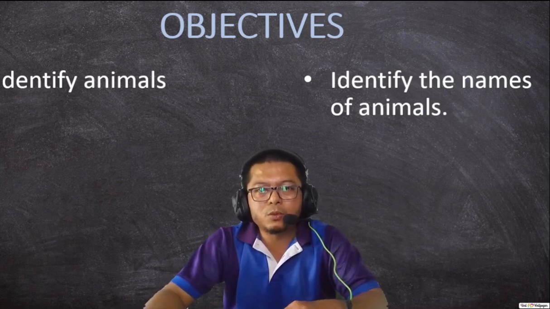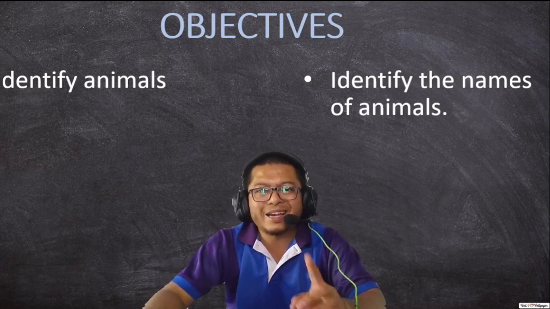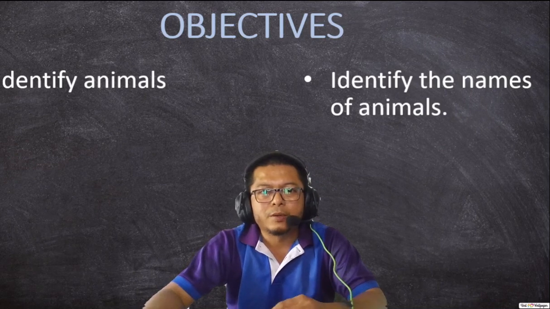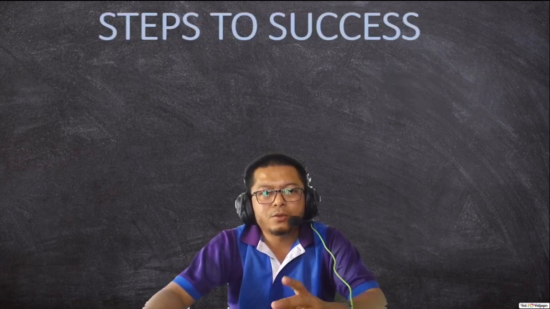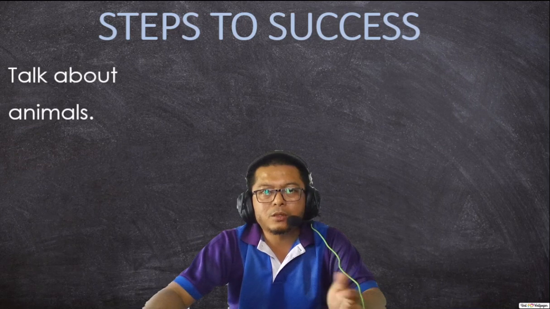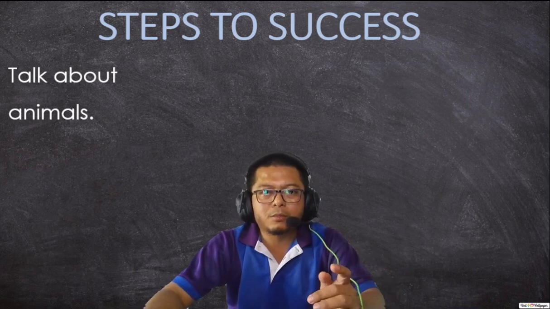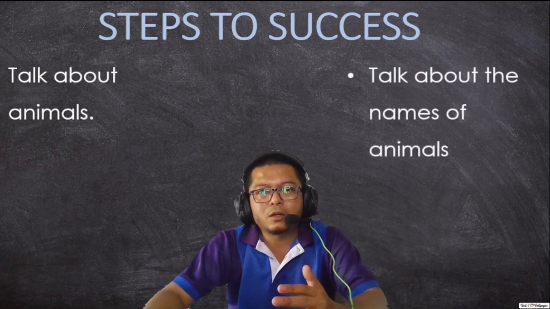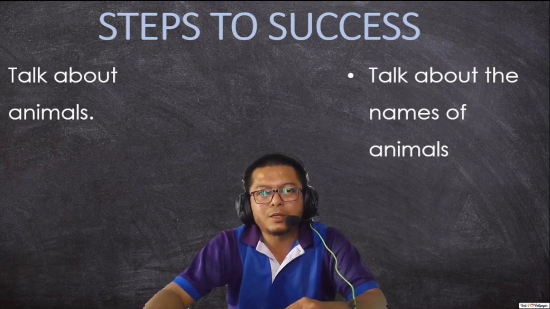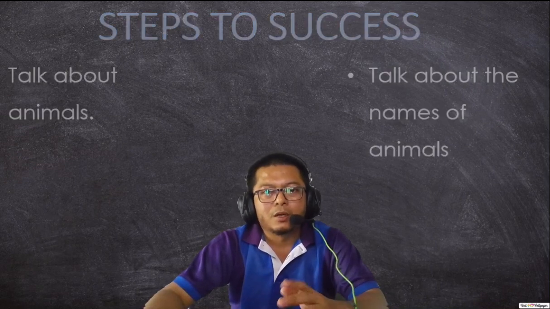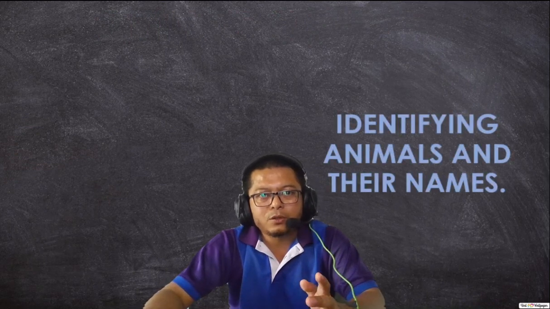We shall talk only about animals from this book. You will see the pictures of animals, and we shall talk about the names of animals, how they are spelled, and how to pronounce them. Now we shall move on to identifying animals and their names.